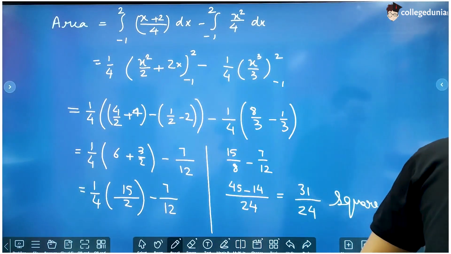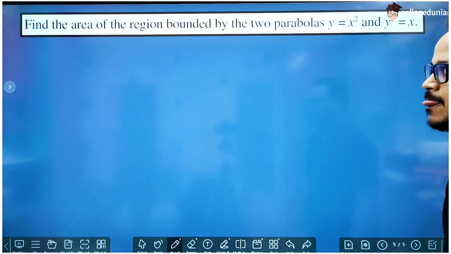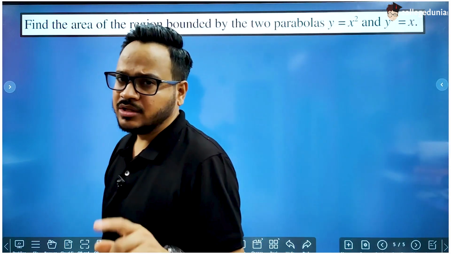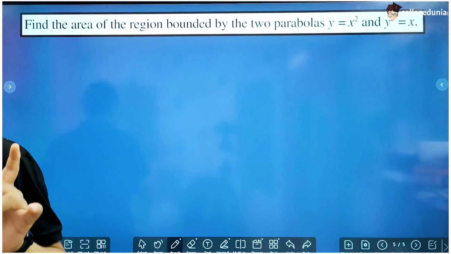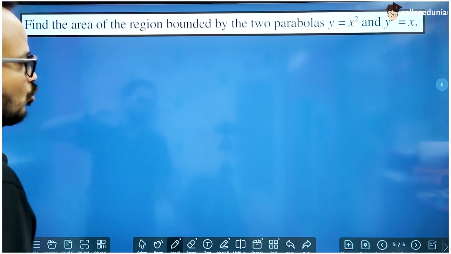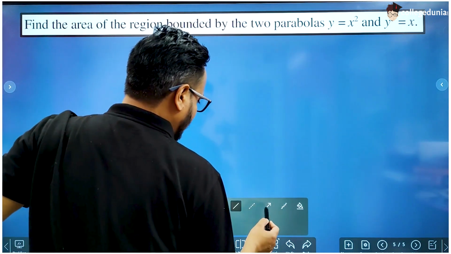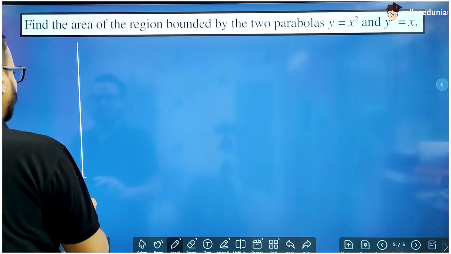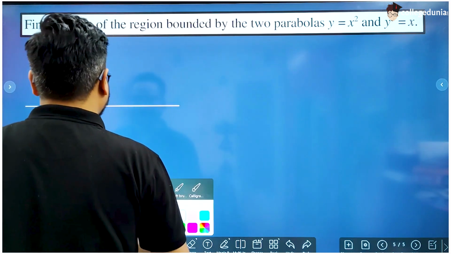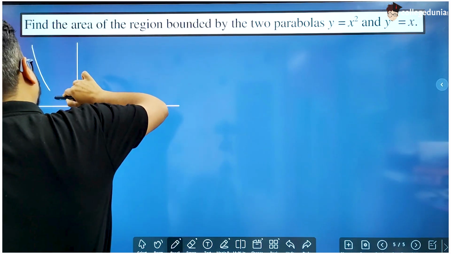Now let's take one more example. In both the examples that we have discussed till now, there was a curve and a straight line or more than one straight line. But in this example, we have two curves, and both are parabolas. So we are supposed to find the area of the region bounded by these two parabolas.